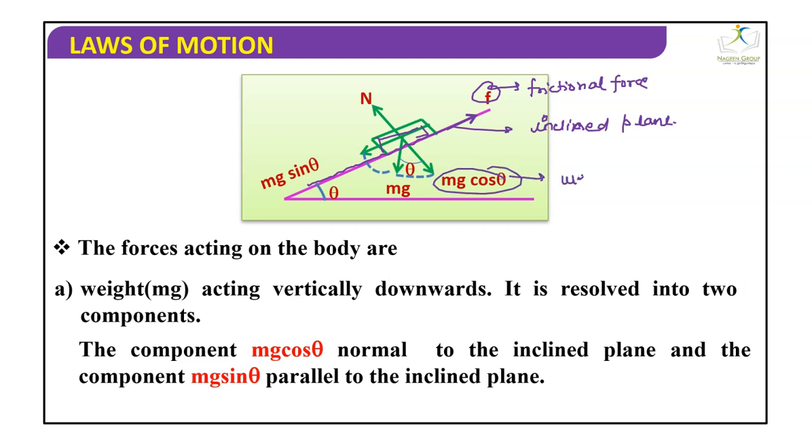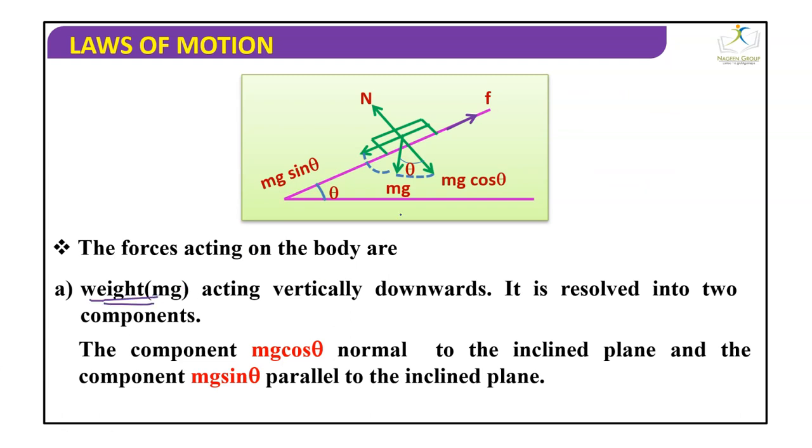The weight has two components: one with cos theta, and the other perpendicular to it, the component mg sin theta. Theta is the angle between the normal and the friction.